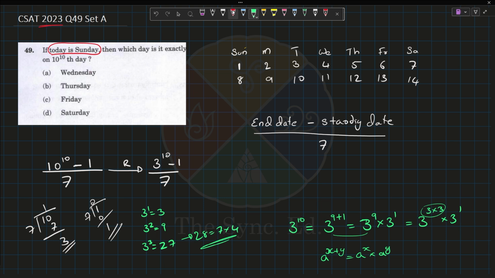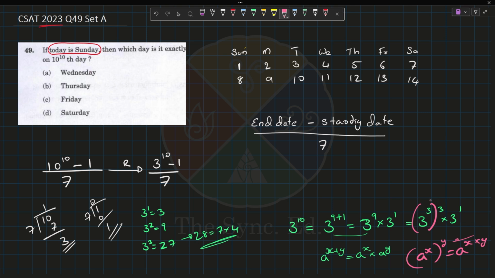Similarly, now I am going to do something more. I am going to convert this thing into something like this. Why can I do that? Because a raised to x, whole raised to y, is simply a raised to x into y.